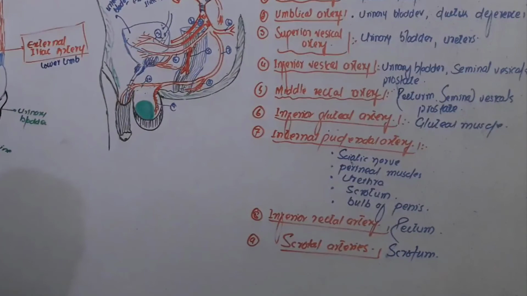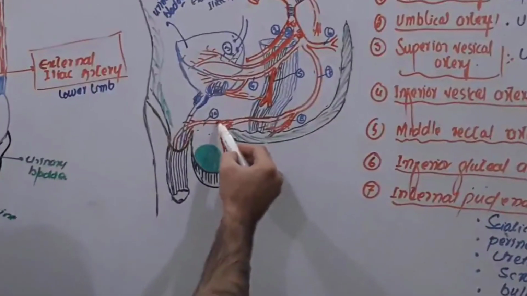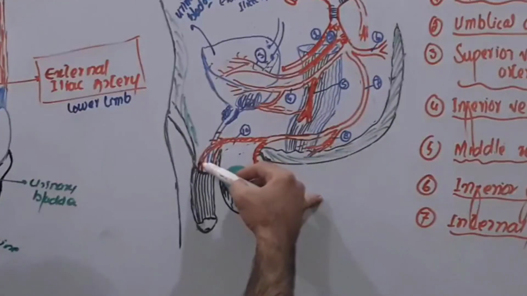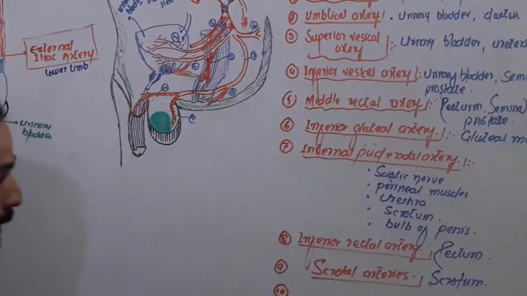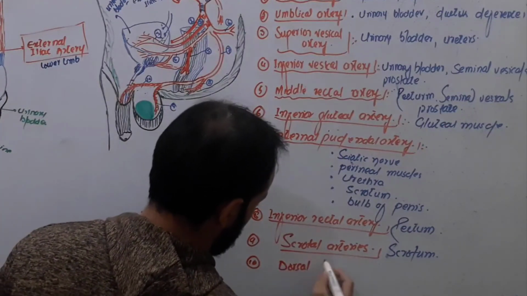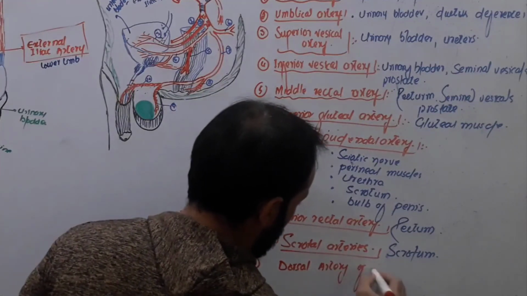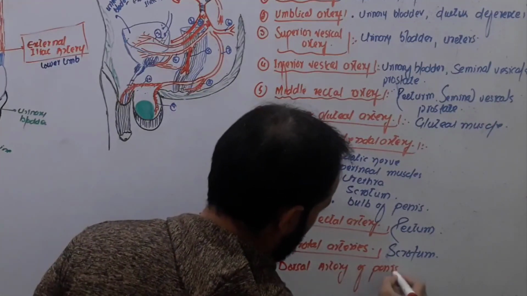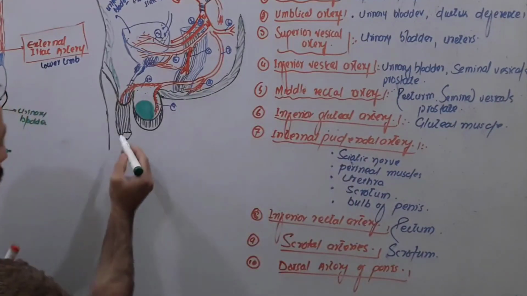Okay, dear friends, and the 10th branch, which is responsible to supply, here, this is our 10th branch, the dorsal penis artery, and it is going to the dorsal surface of the penis, right? So this is called dorsal artery of penis, right? And it is responsible to supply blood to the head of the penis.